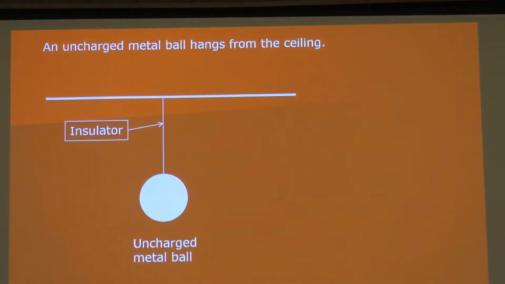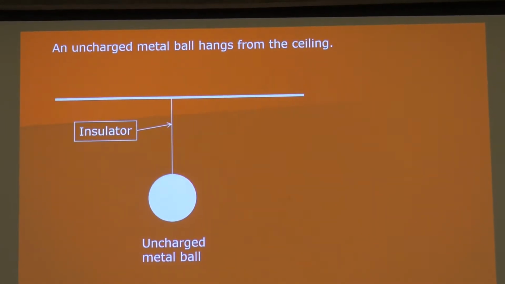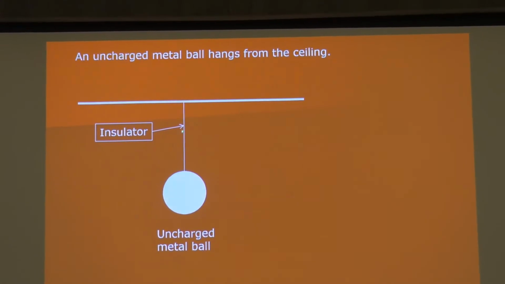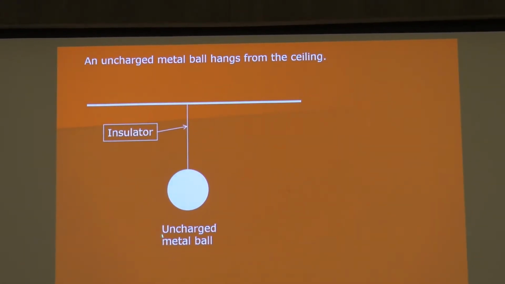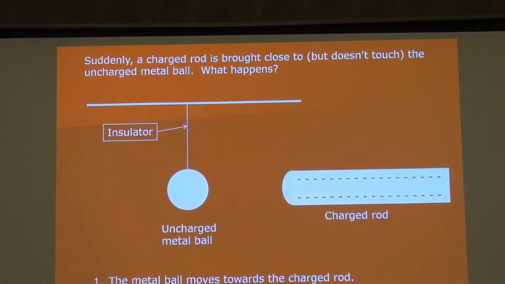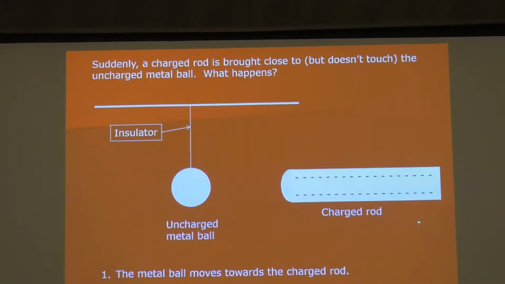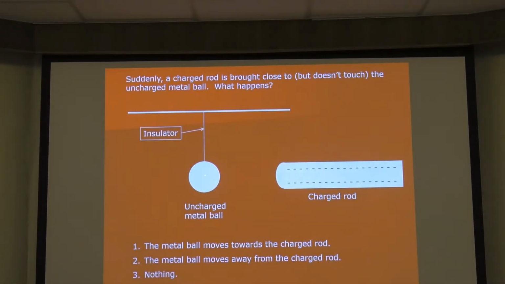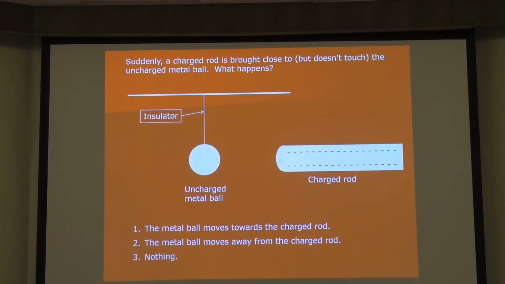All right, let's consider this. So here's the ceiling, here's an insulator, a piece of string, here's an uncharged metal ball, right? Conductor. So all of a sudden you bring a charged rod close to but not touching the uncharged metal ball. What happens?